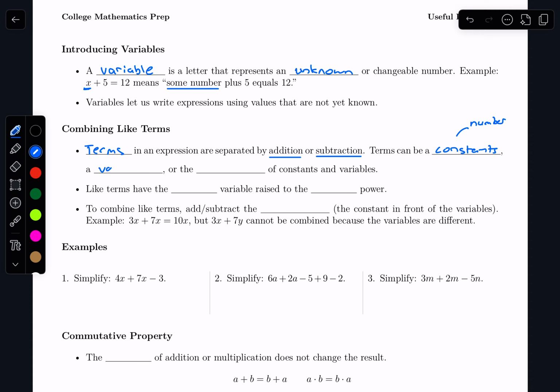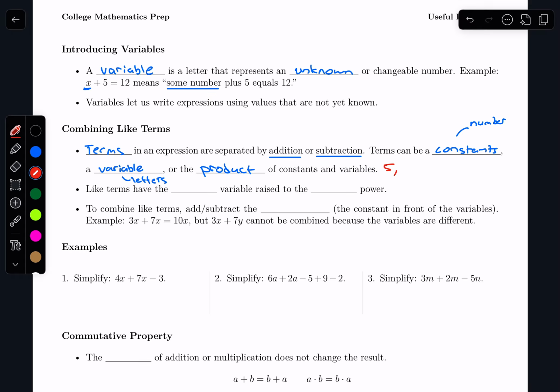Or they could be variables, which are the letters, like we just saw a second ago. So variables are letters. Or they can be the product of constants and variables. So they are either just numbers, just letters, or the product of numbers and letters. So for example, we could have the number 5, that's a term, and it is a constant.